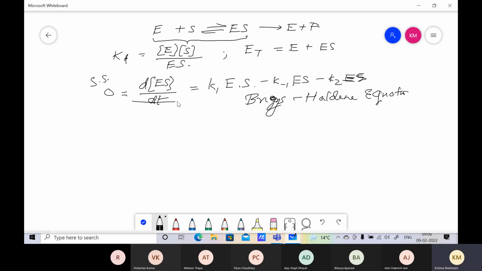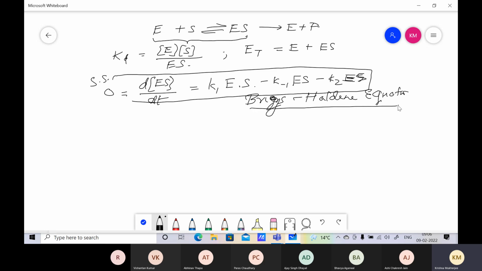It brings about a slightly different formulation, because instead of K1 we now have to write K minus 1 plus K2 into ES, which is equal to K1 into E into S.